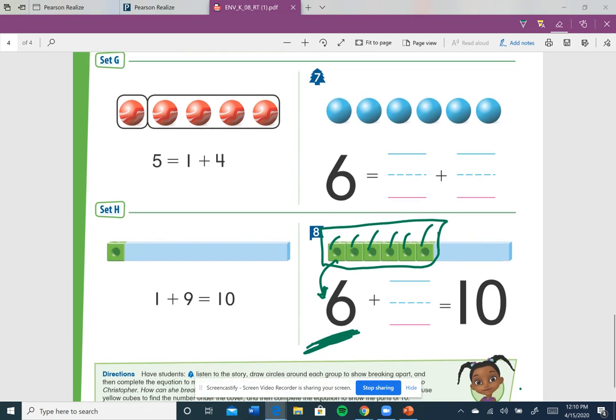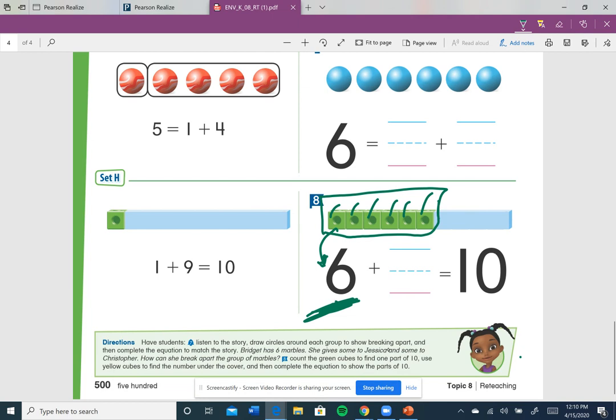Because I started at 6, because we have 6 here, I'm just going to write 6, 7, 8, 9, 10. Start at 6. How many jumps does it take to get to 10? All right. Your answer is 4.